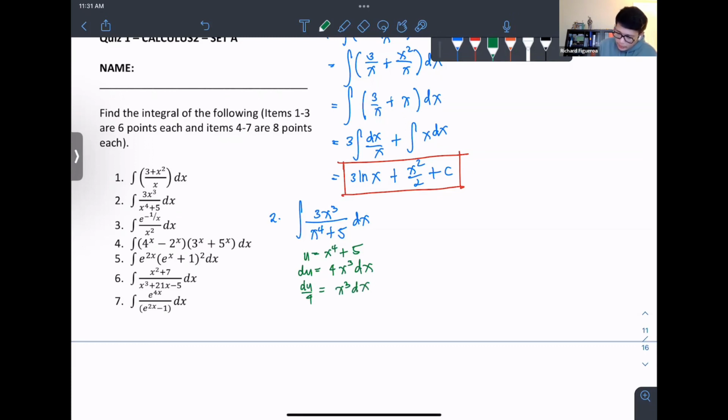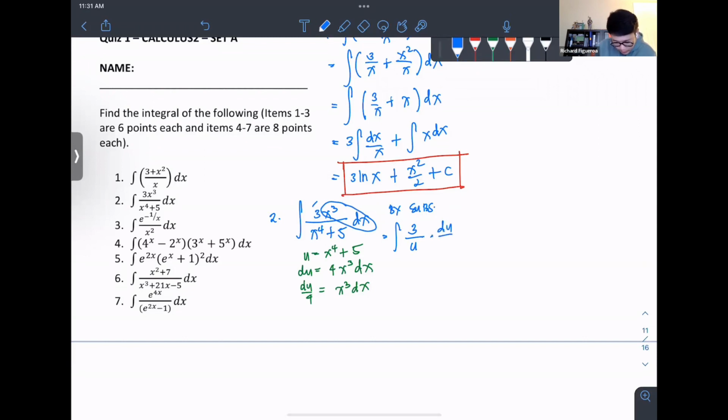By substitution, the one below is u, and we still have the 3 there. So 3, and x to the 4th plus 5 is u, and x cubed dx is du all over 4.